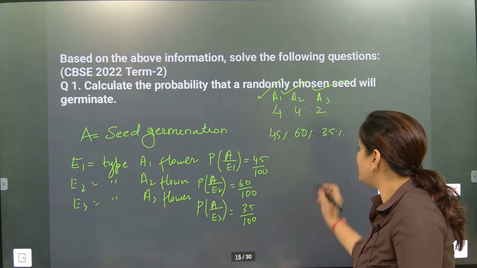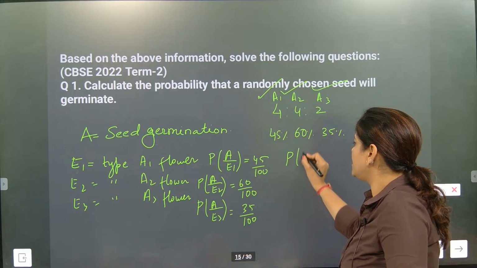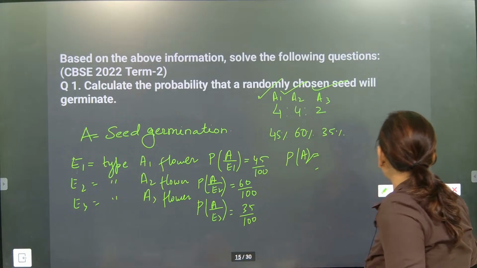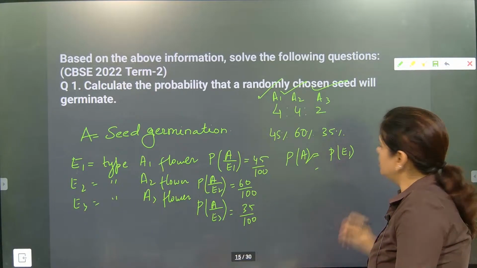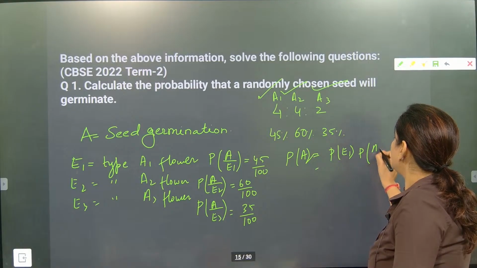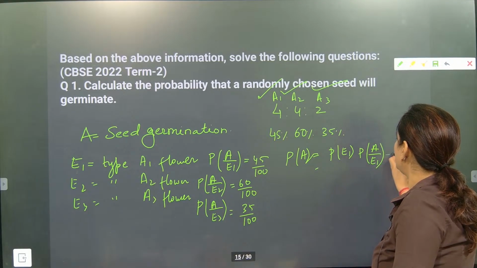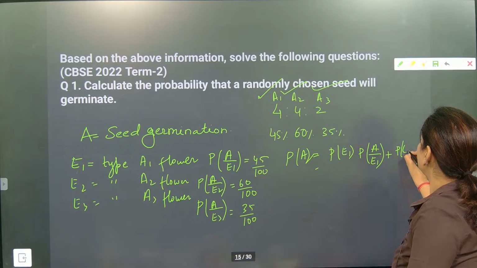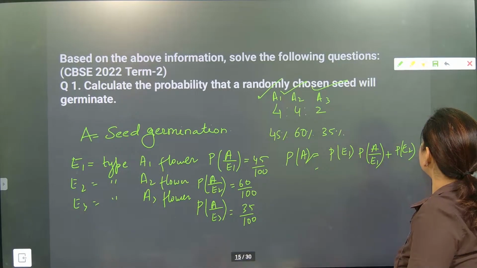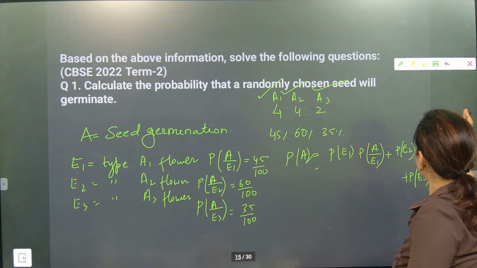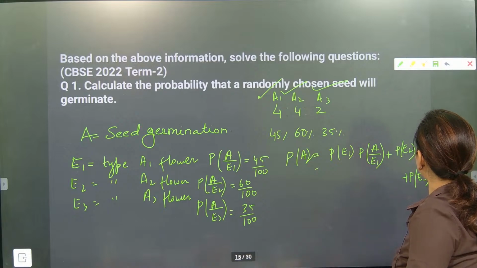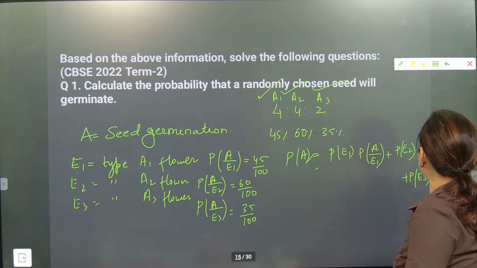So what is the formula? When we talk about germination, germination can happen for E1, E2 or E3. So we need germination of A by E1, germination of A by E2, then germination of A by E3.